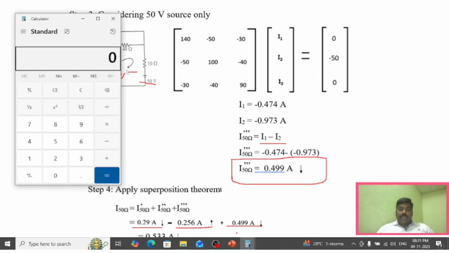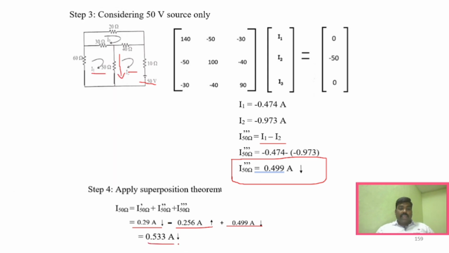So it's 0.29 plus 0.499 minus 0.256. So it will be 0.533 amp, right?